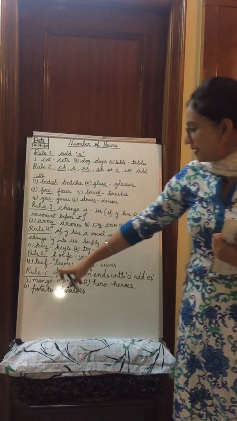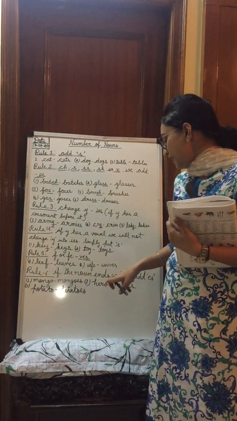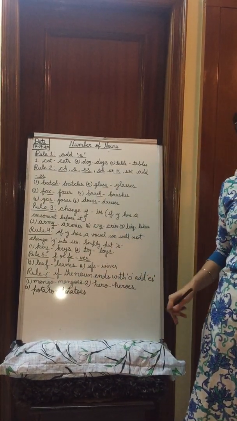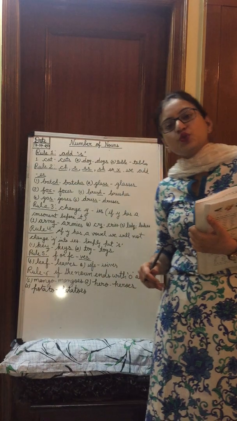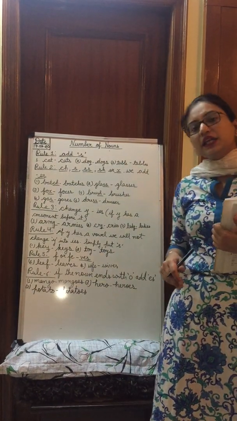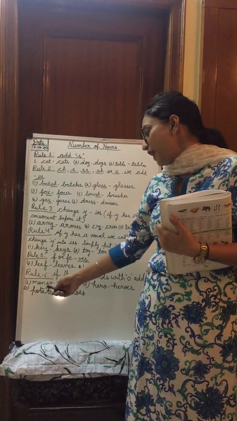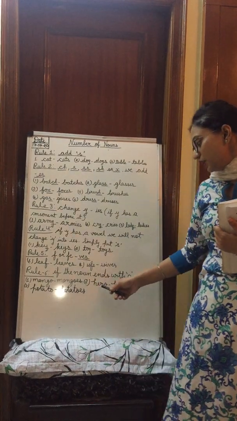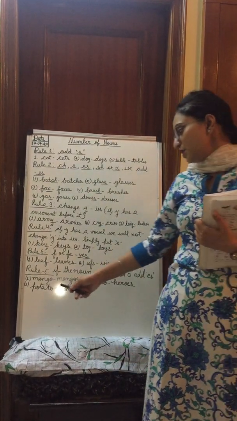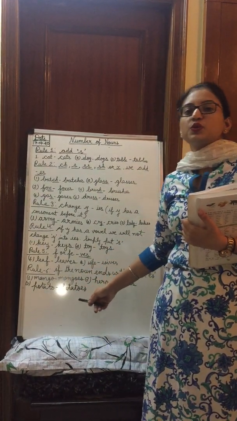So rule number 6 is, if the noun ends with O, we have to add es to the word to make it plural, like mango, mangoes, hero, heroes, potato, potatoes, etc.